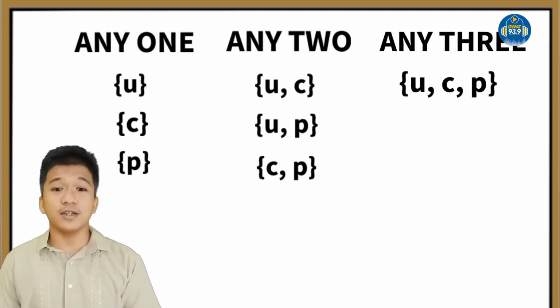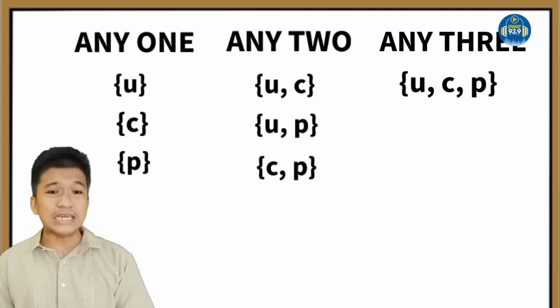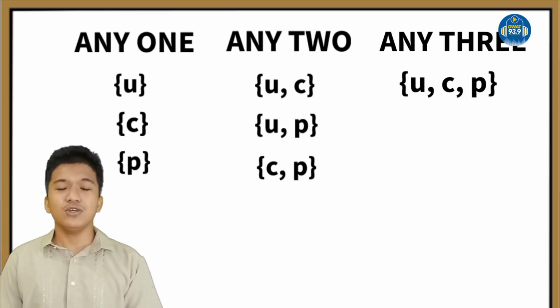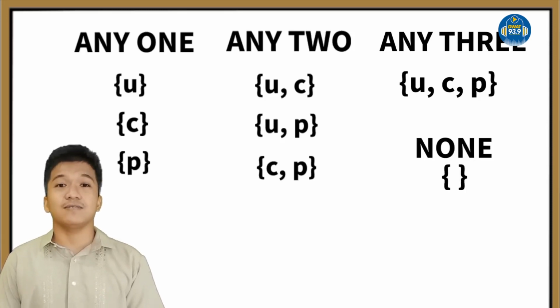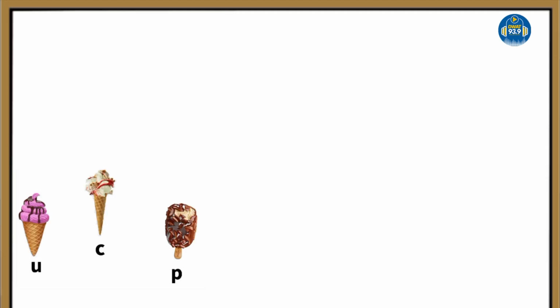And here's one scenario nobody wants to be in. Let us say you don't want any of these 3 flavors of ice cream. In that case, what we have is an empty set, or what we call null set. Don't forget the original set we were looking at. The original set was ube, cheese, and pinipig.